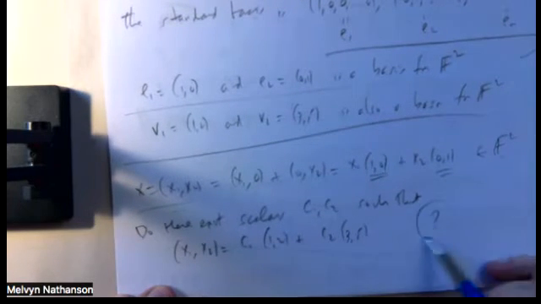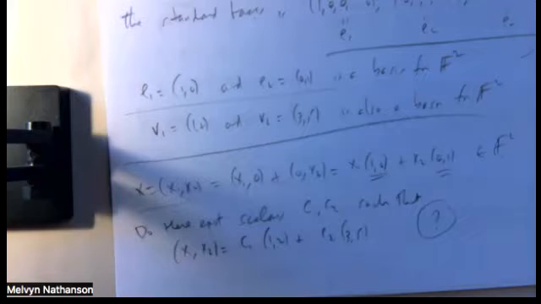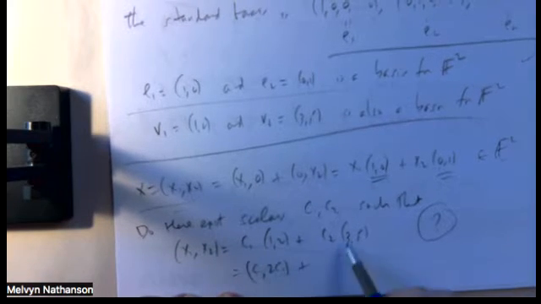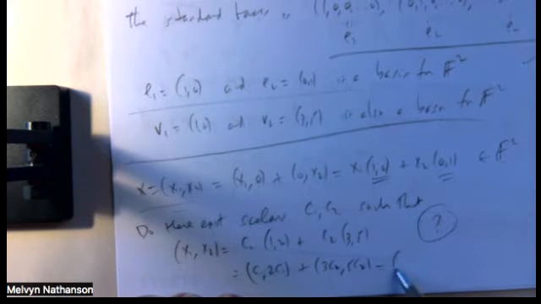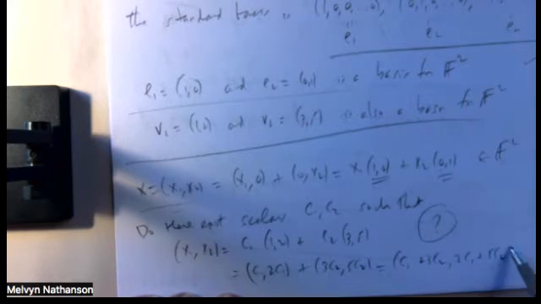That's the question. So here, x1 and x2 are given, c1 and c2 are the unknowns. Of course, this is the same as saying (c1, 2c1) plus (3c2, 5c2). And then when you add, you get (c1 plus 3c2, 2c1 plus 5c2).